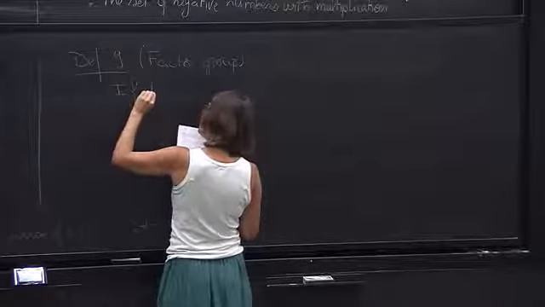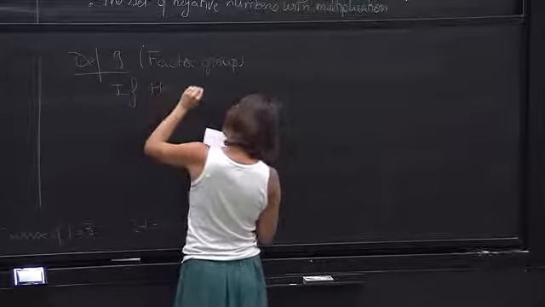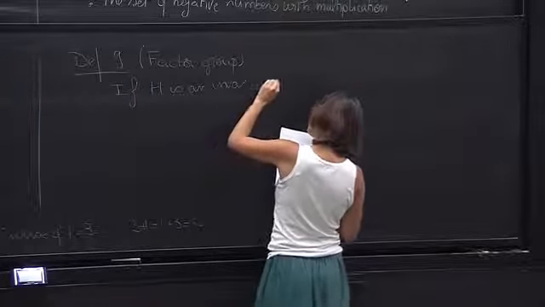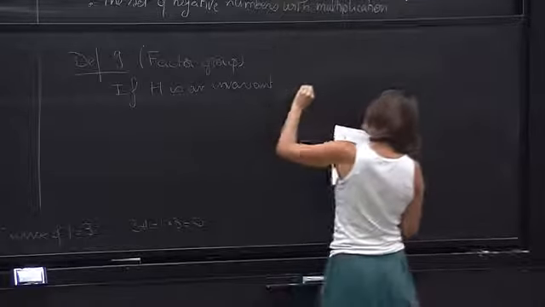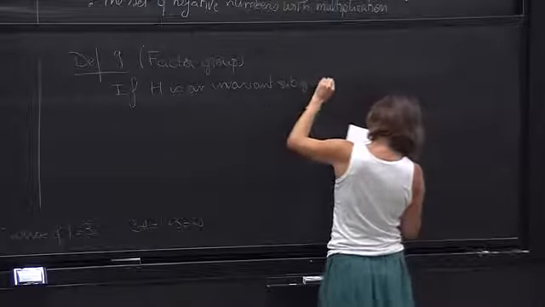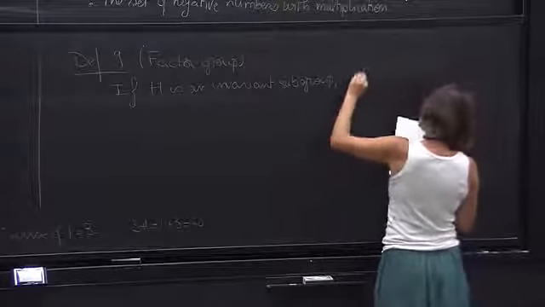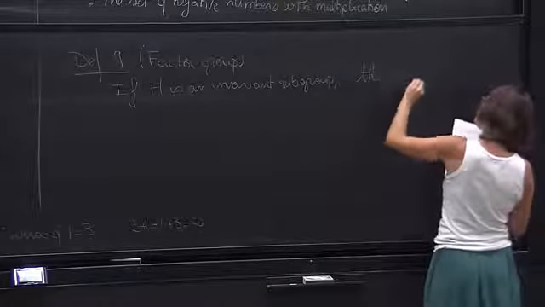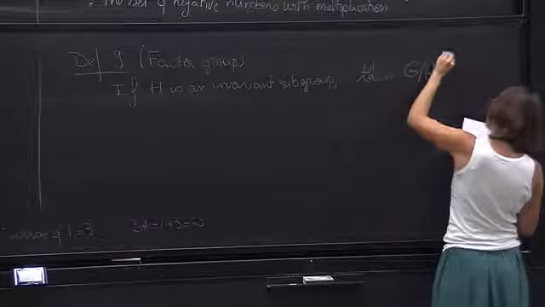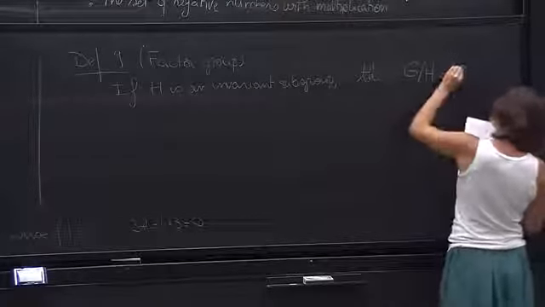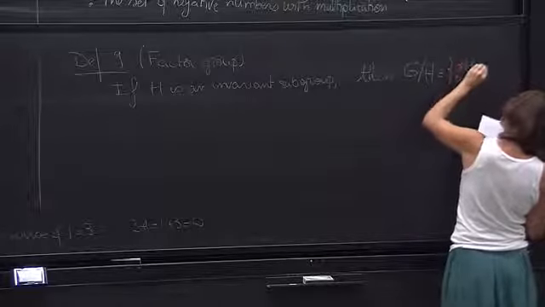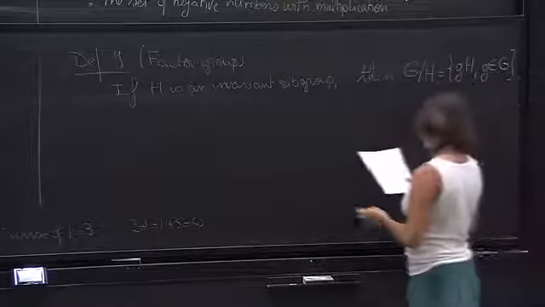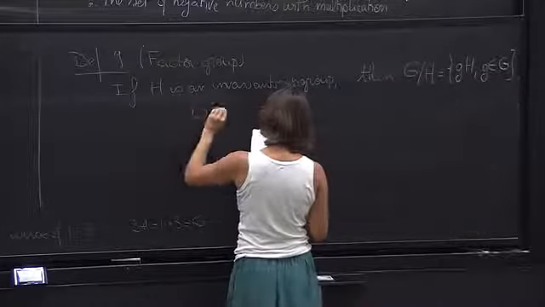So if H is an invariant subgroup, invariant normal subgroup, then which is given by where you consider all G which belong to is a group.